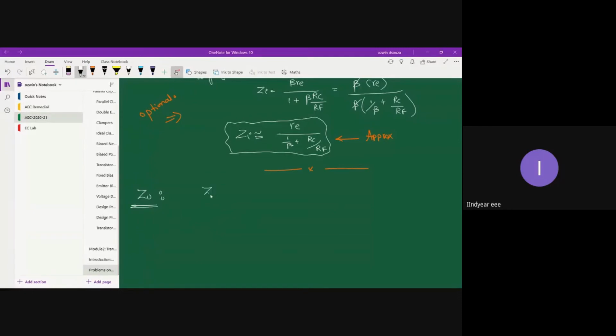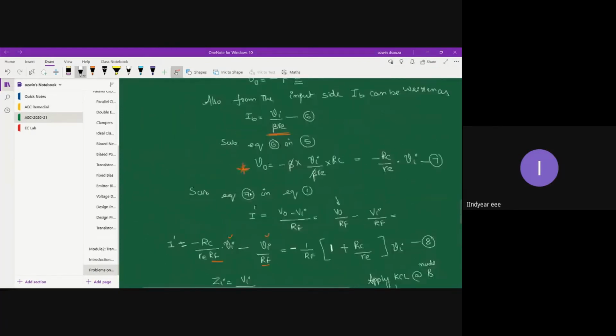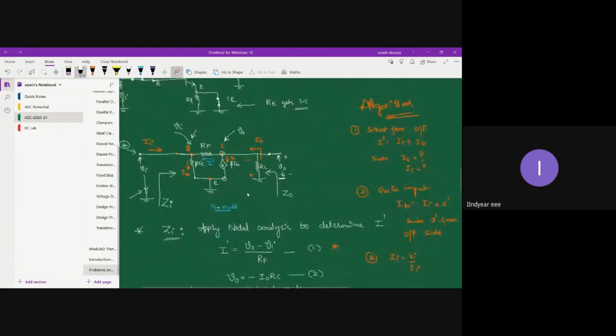By definition, Z0 is V0 by I0. Now, to find Z0, you can clearly observe in the circuit that Z0 is not RC alone, because there is a resistor RF which is also connected to the output side.